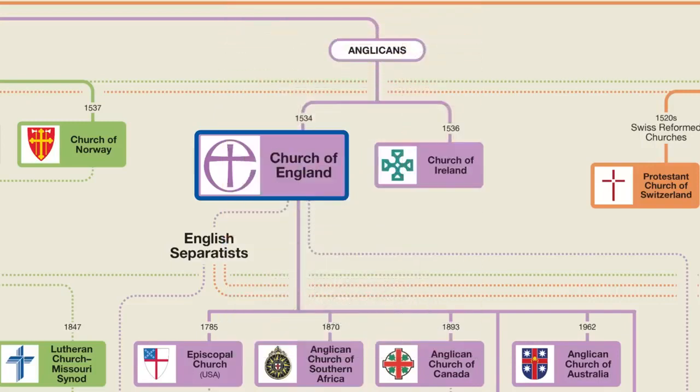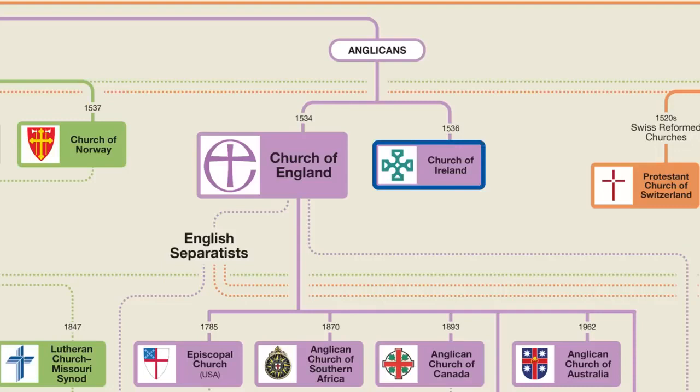Now, at the time that the Church of England broke away, the King of England was also the King of Ireland. So around the same time, the Church of Ireland came under the control of the English king as well. But unlike in England, most of the Irish remained loyal to the Pope. So what happened was that from 1536 to 1869, the Anglican Church of Ireland was the state church, even though Protestantism was the minority religion.